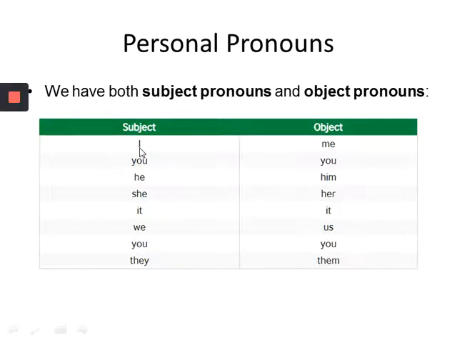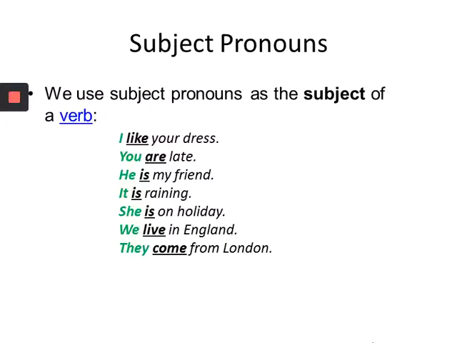When I use I as a subject, I will use me as the object, and so on. For he, I'm going to use him. For she, I'm going to use her. This is something we have previously done since we were young. So this is just a refresher.